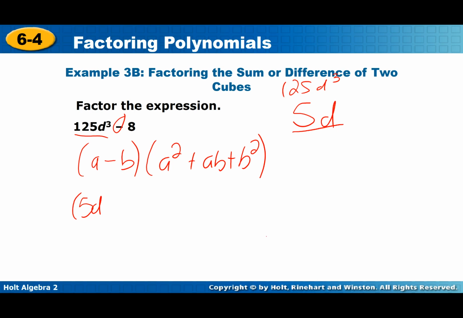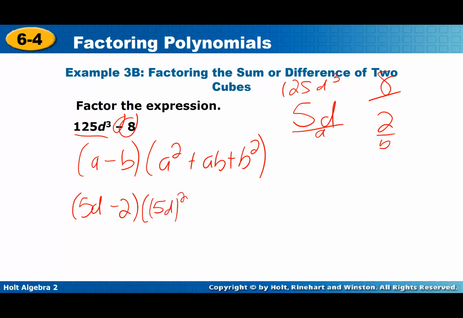Now b, the cube root of 8. So the cube root of 8 comes from 2, because 2 to the third power was 8, and that's back on our cheat sheet. So 2 is going to act as our b value. So everywhere I see b, I'm going to put 2. Now you need to be careful here because we are squaring. When I square a, and 5d is a, I'm squaring not just d here, but 5d.